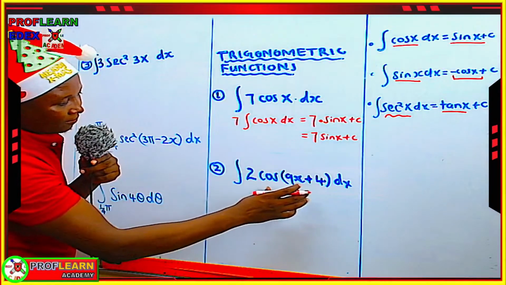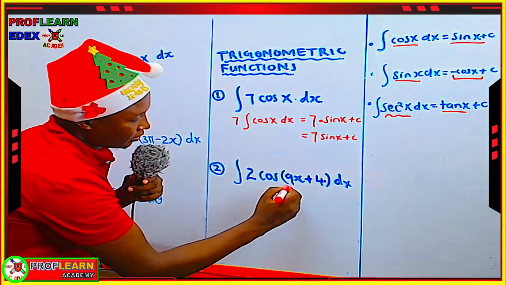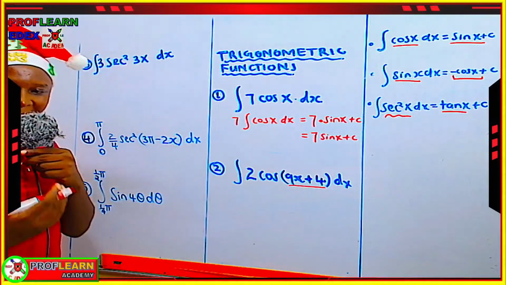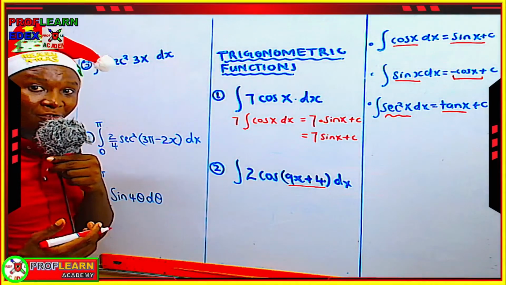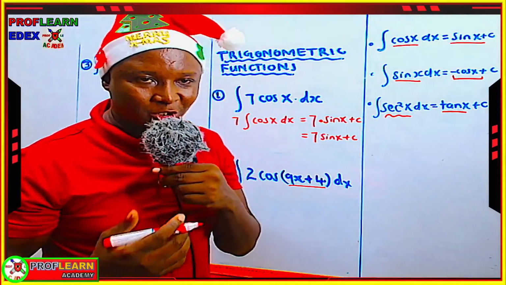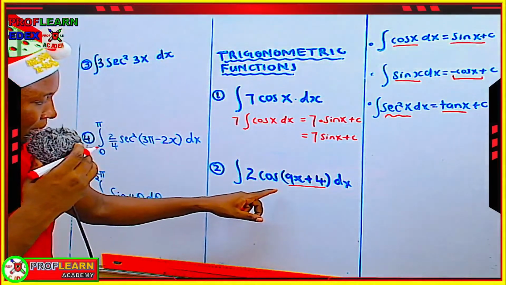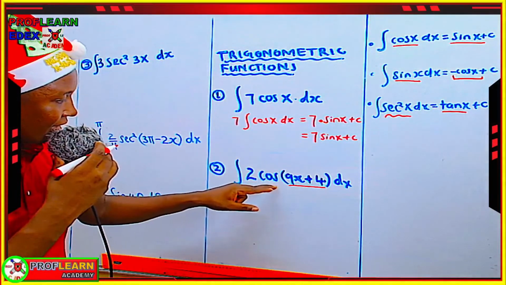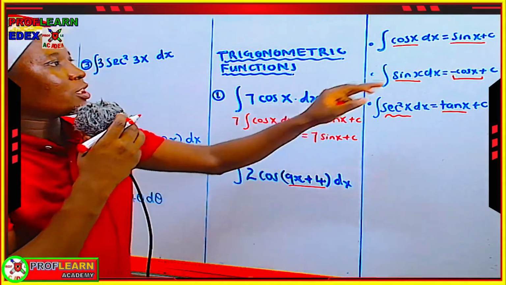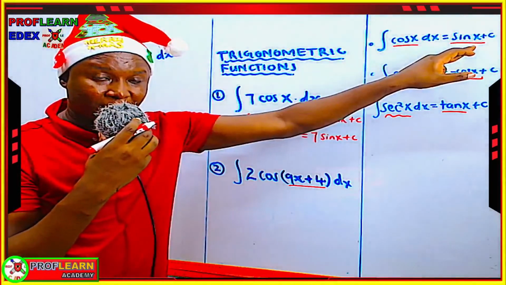If you're given an expression like this one, how are you going to work it out in order to perform this particular integration? So first, you need to remember that integrating cos, you are going to get sine.